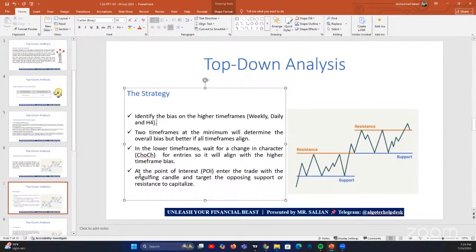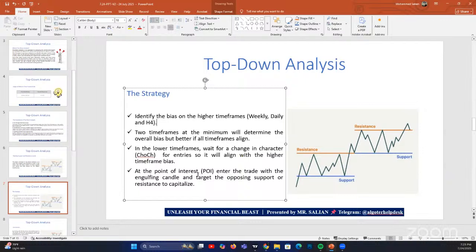Okay, and then at the point of interest, POI. You know what a POI is. Once a change of character has happened, there will always be a pullback to that point of interest. So what are these points of interest? FVGs, order blocks, remember all those things?